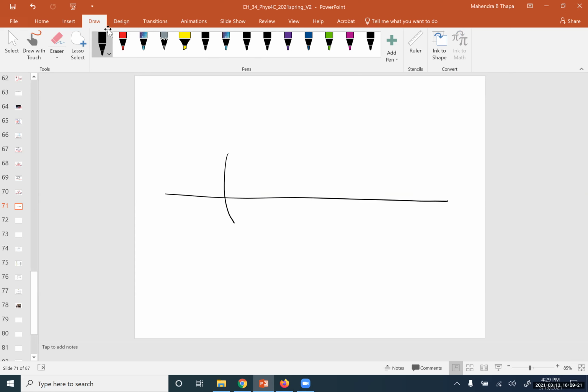So this is my objective lens. Then I put an object beyond its focal length. Say it is here. So it will form an image.